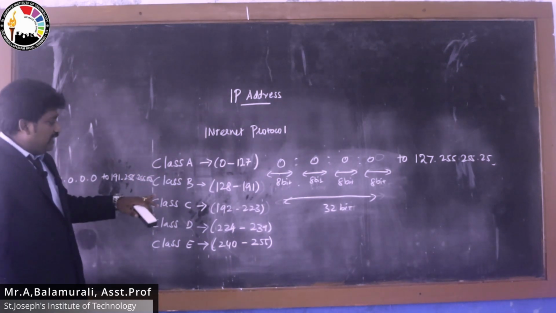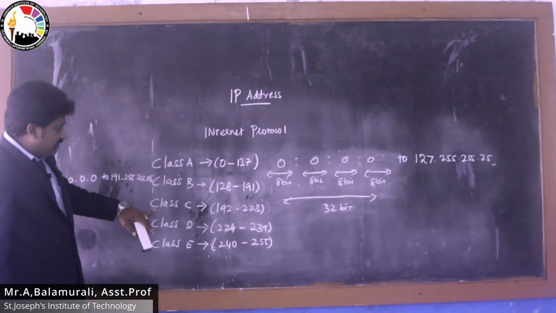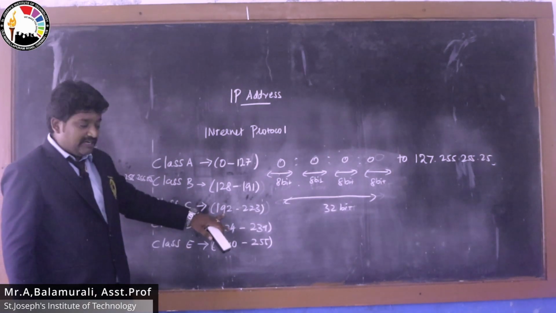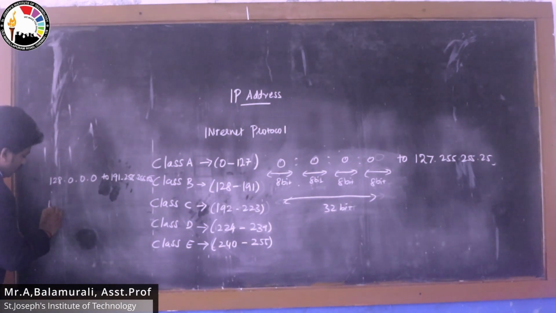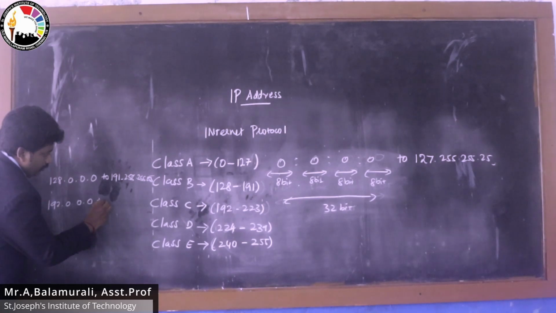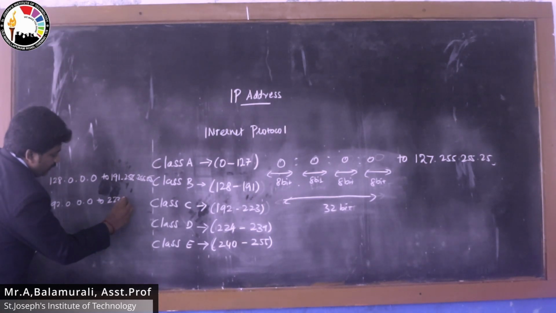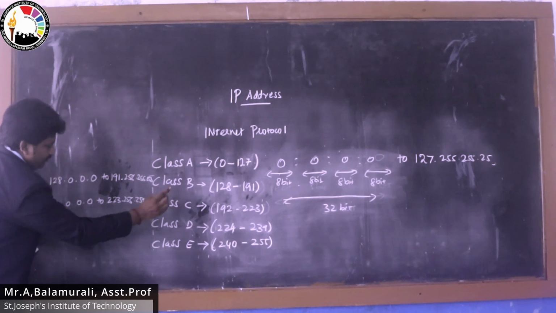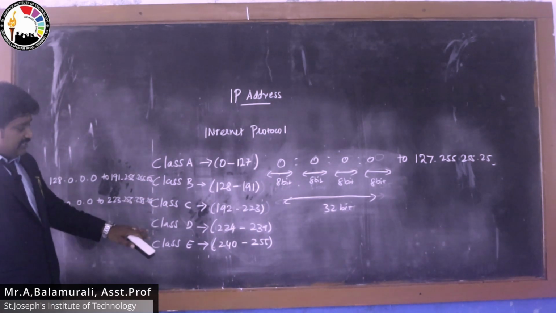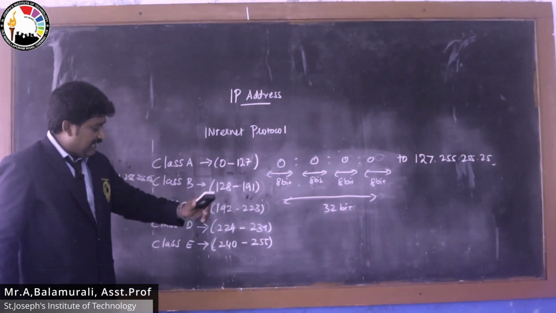This is the overall range of class B. Next is class C. The class C overall range is 192 to 223: 192.0.0.0 to 223.255.255.255. And the class D overall range is 224 to 239.